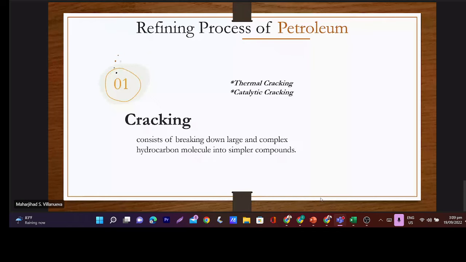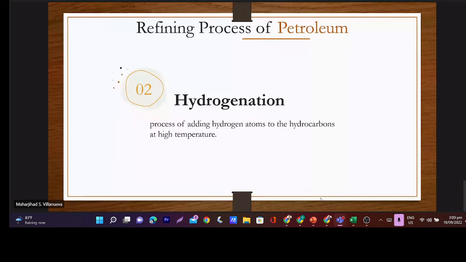So, yung mga alkanes po is useful rin po as panggawa po ng fuels po. So, next one po is hydrogenation. So, this is the process of adding hydrogen atoms to the hydrocarbons at high temperature. So, yun nga po, ginagamitan po siya ng high temperature and pressure using hydrogen po.